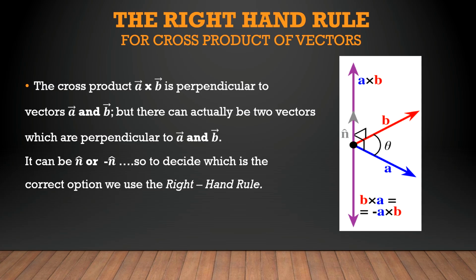That means if n cap is your unit vector, then you can have n cap or minus n cap. So you need to determine the direction of your cross product.